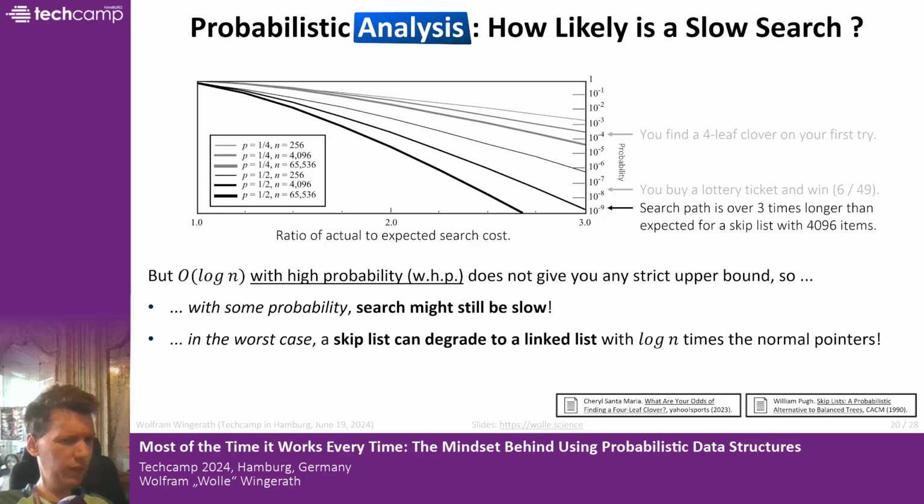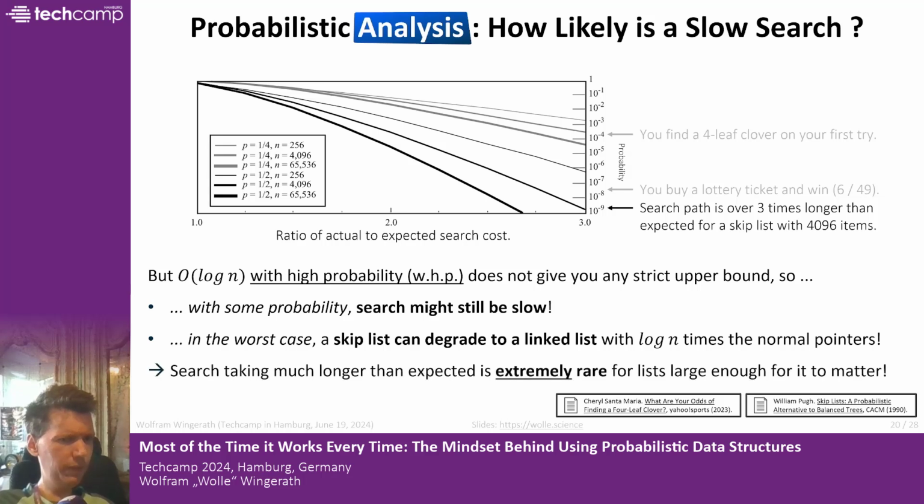So the takeaway with a high probability performance guarantee is, if you have a skip list that is rather short, then there is a very, very small chance that you end up with a pretty bad search speed. But the longer your list gets, the less likely this becomes.